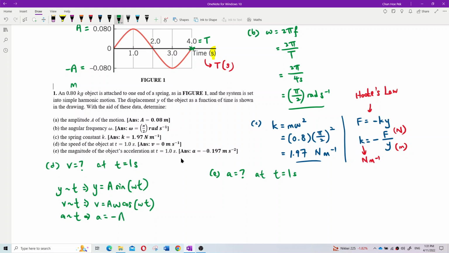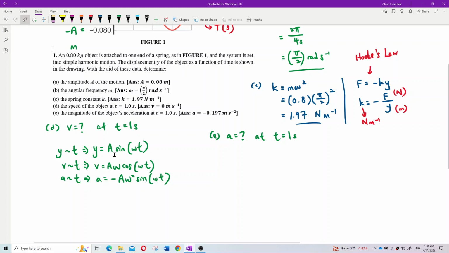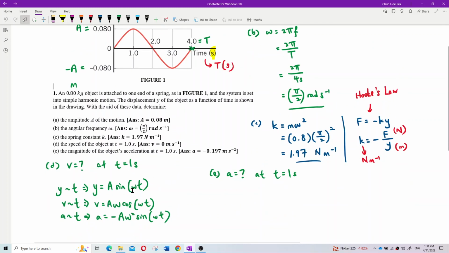Acceleration is negative a omega squared sine omega t. Then you substitute the amplitude you got just now, and the omega, into all of these formulas, and you get the equations for velocity-time and acceleration-time.